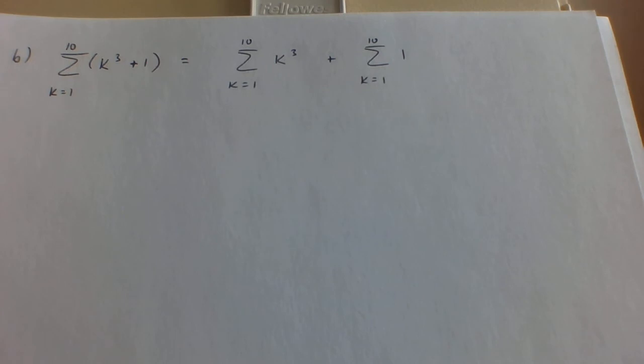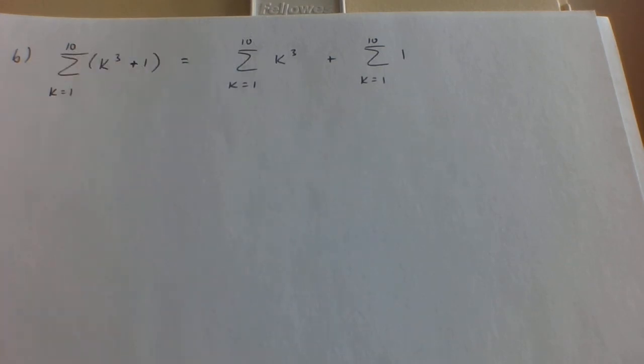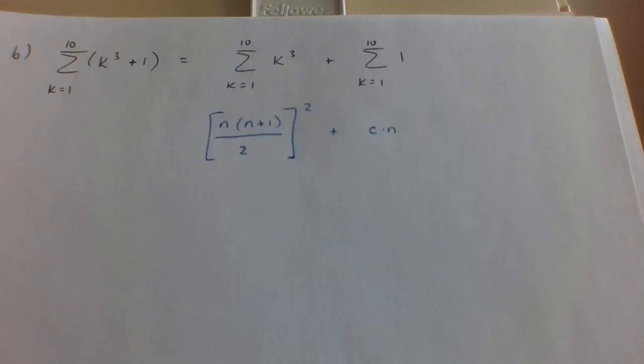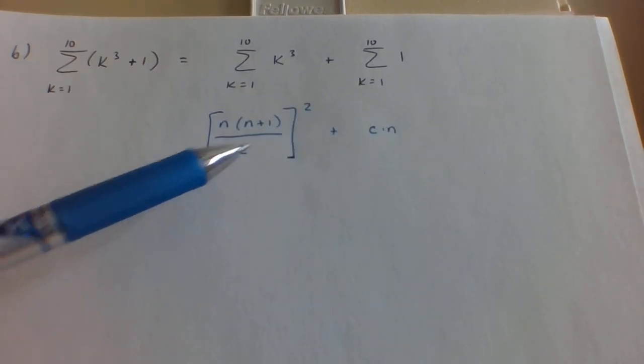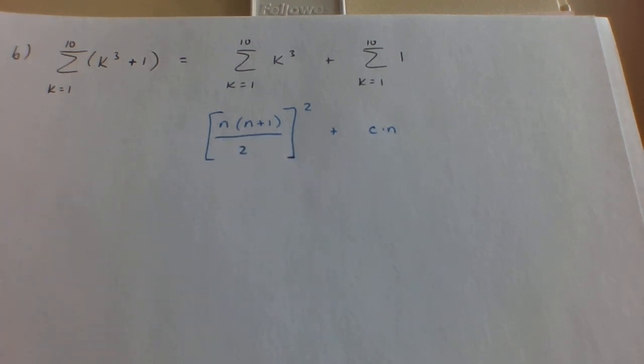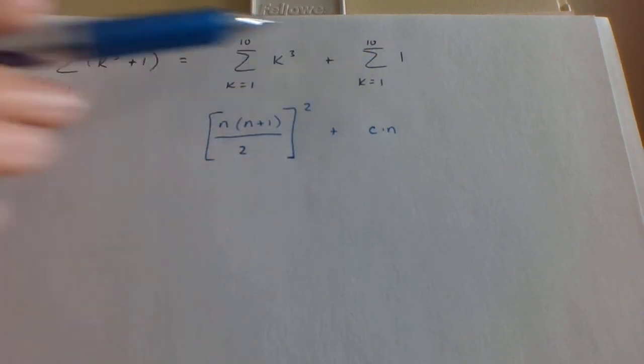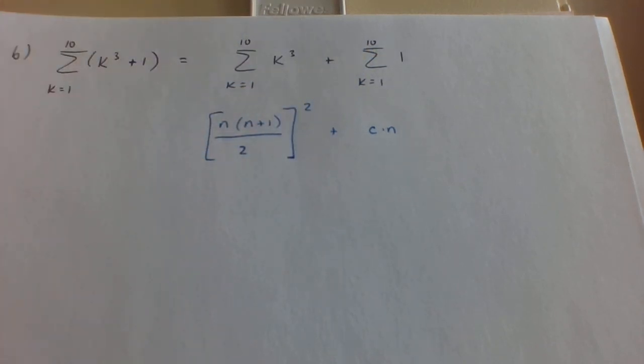So we're going to be using two of those formulas we talked about, one that involves the constant and the other one that involves the k cubed. Here's my two summation pieces I'm going to be working with, and my n value in this case is going to be the number 10. When I'm looking at this second summation piece, my constant, that c value, is a 1.